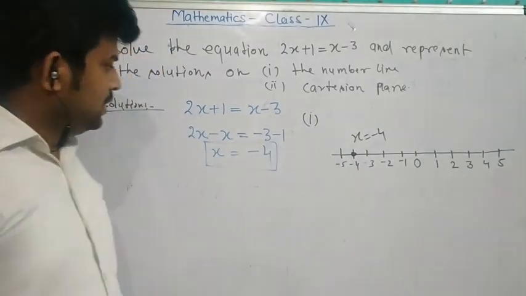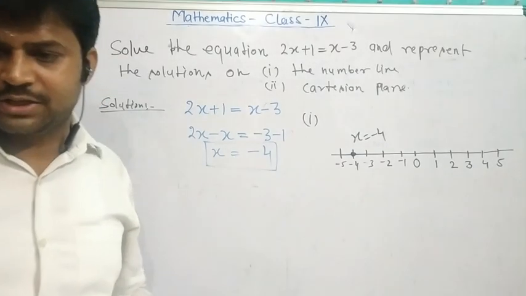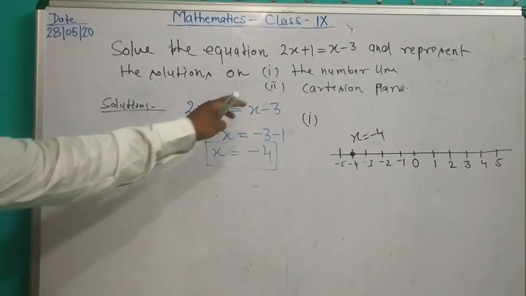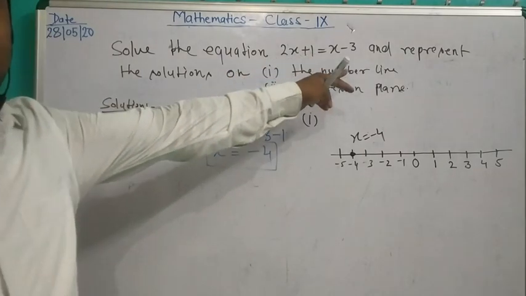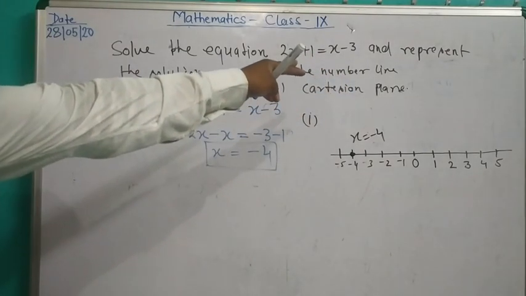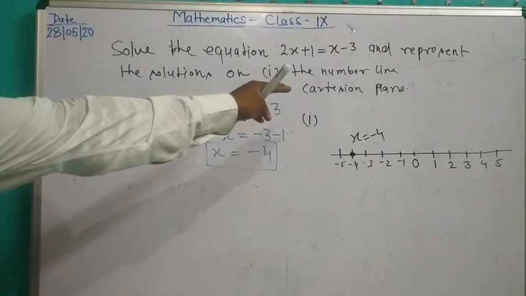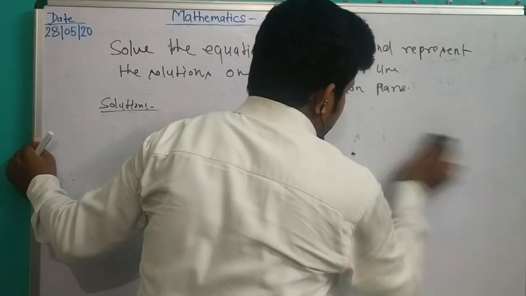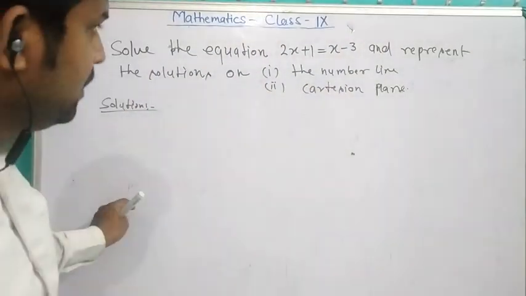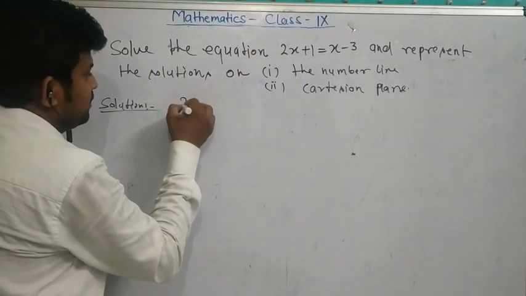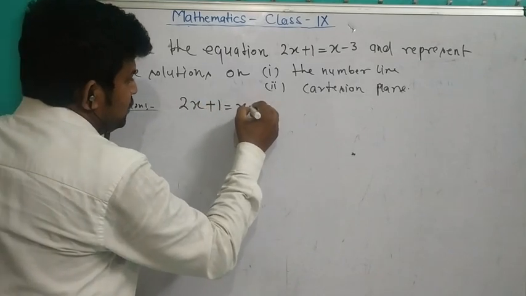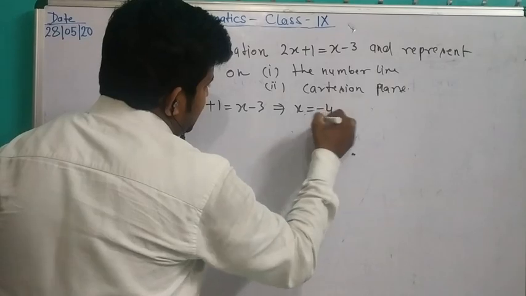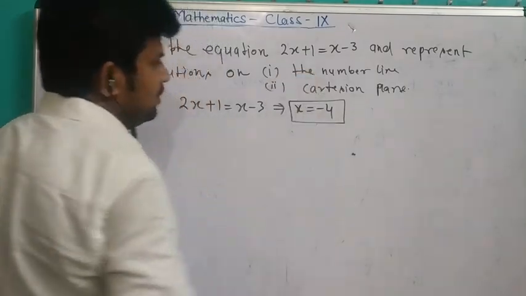Okay, so next, when we represent 2x plus 1 is equal to x minus 3 as a linear equation in two variables, then when we solve it, we get x is equal to minus 4.